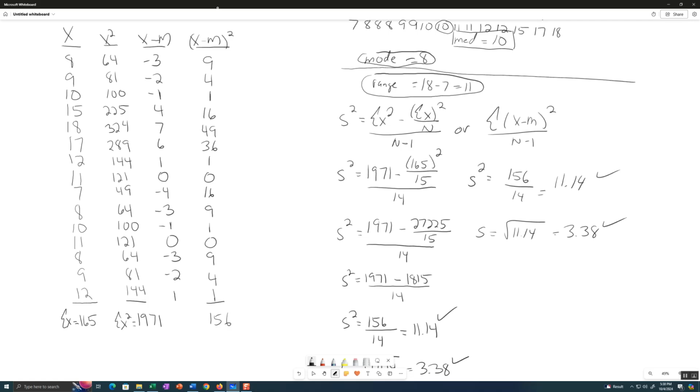But I find that the deviation score method that we just did is easier with whole numbers as the means. Less computation, the numbers are smaller. If you have decimals, then this is going to be a mess. If you have a decimal as your mean, a number with a decimal point, you want to use the first method, the computational method. And that's it.